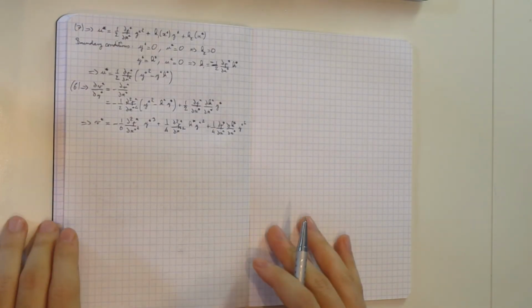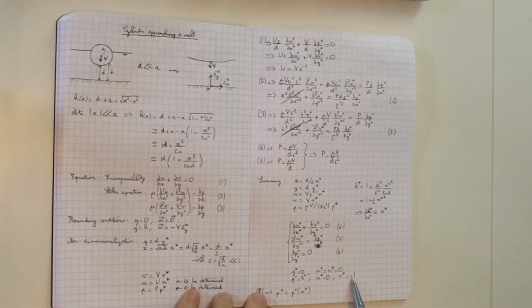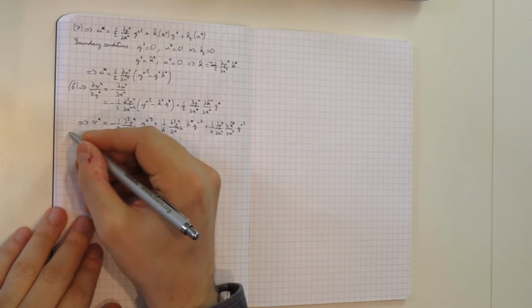The last piece of information that we haven't used now is the fact that this velocity is equal to -1 at the top, at the boundary with the cylinder. So let's write this up.